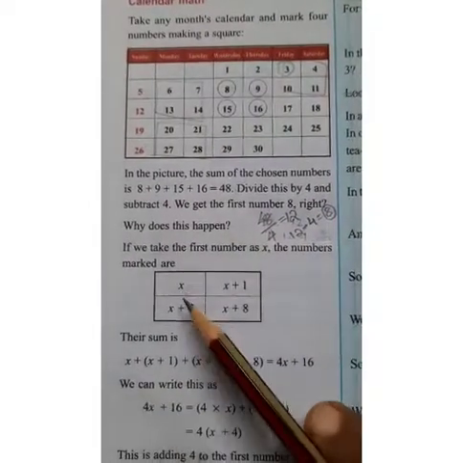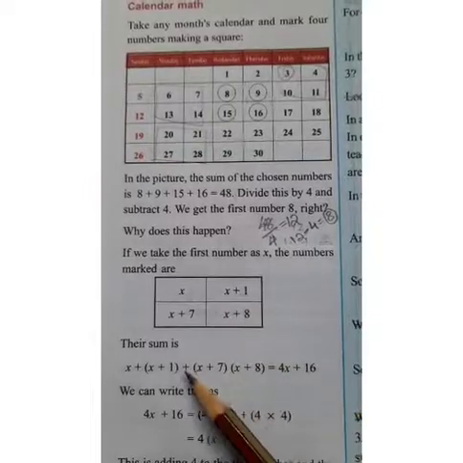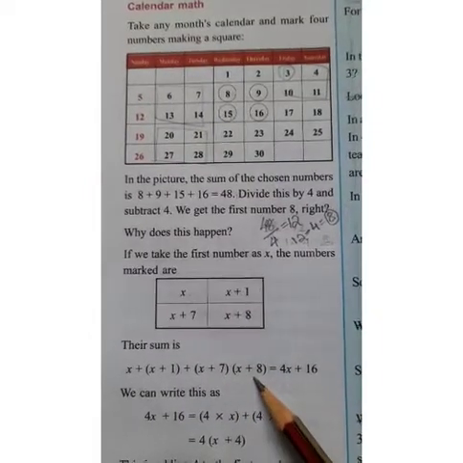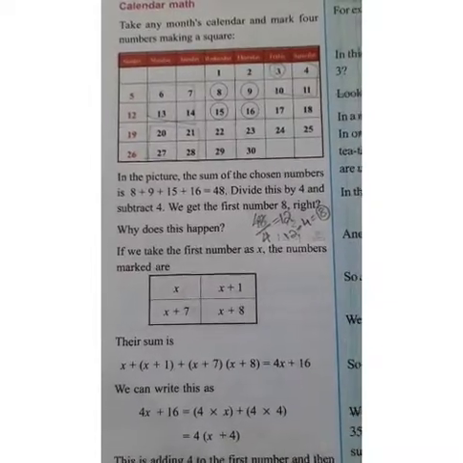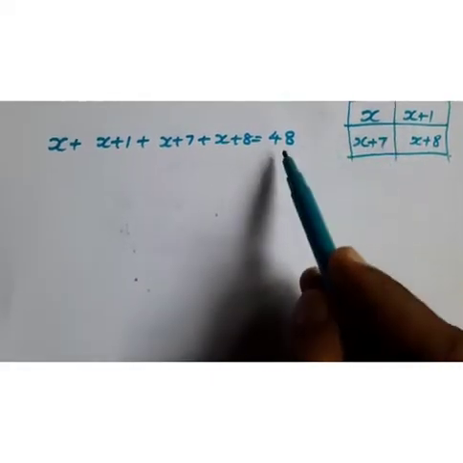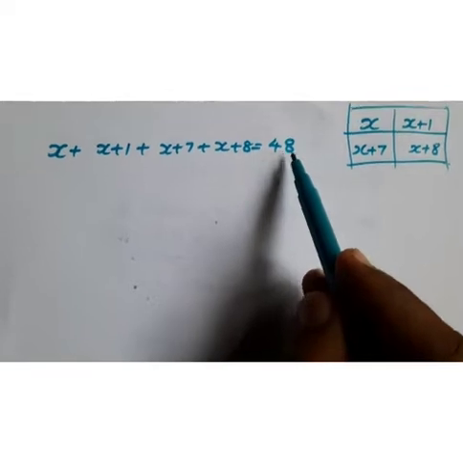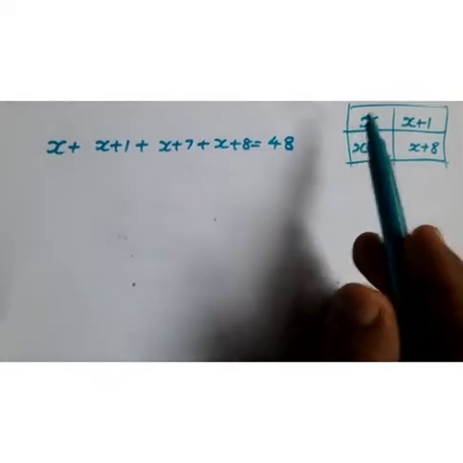If you add this sum, x plus 1 plus x plus 7 plus x plus 8, plus x, you will get 4x plus 16. The sum of numbers that is given is 48, and you have to find out the first number.